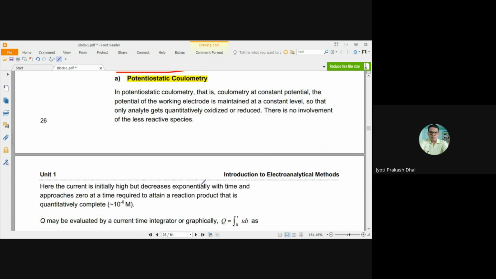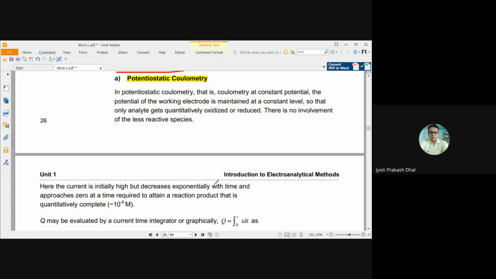The first one is potentiostatic coulometry, the coulometry technique at constant potential, which is why it is called potentiostatic coulometry. In this method, the working electrode potential is maintained at a constant level so that only the analyte gets quantitatively oxidized or reduced, with no involvement of less reactive species.